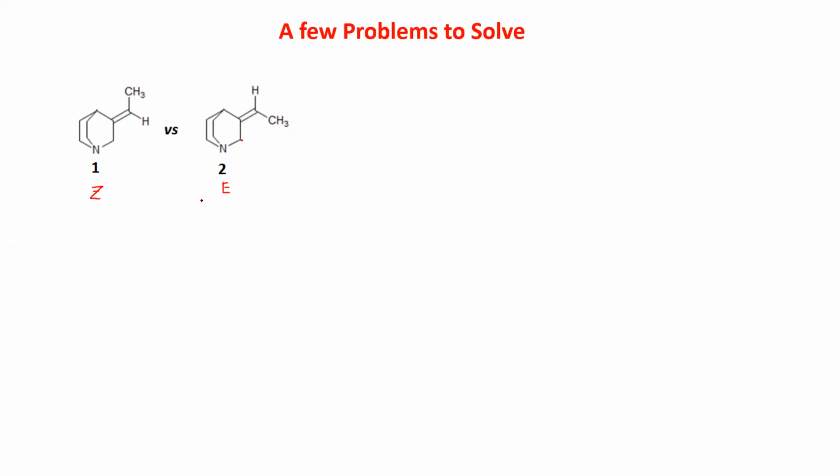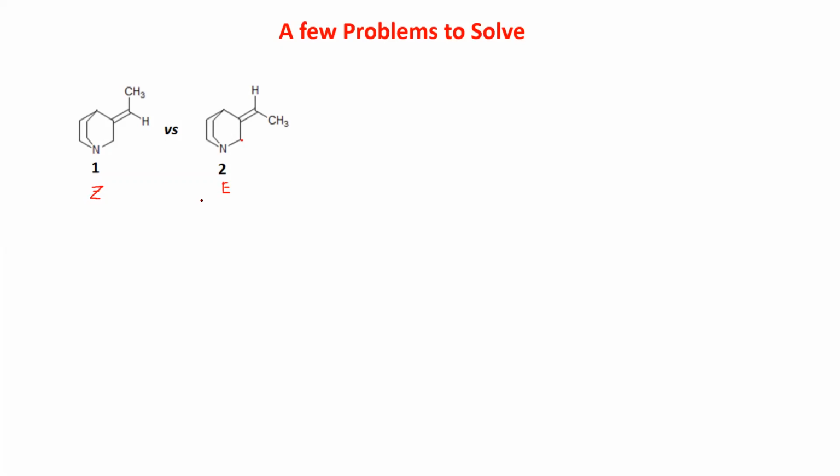So what do you have to do? Can anybody tell what you have to do actually? You have to find out a suitable proton environment which is varying with respect to the two isomers.